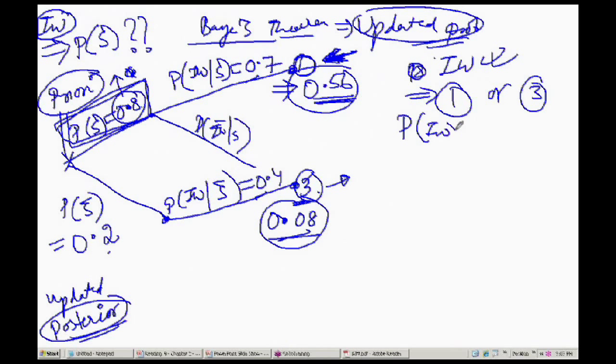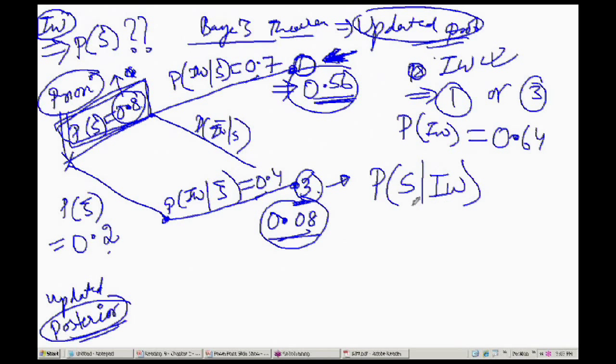The probability of India winning was 0.64. What we are interested in knowing now is the probability that Sachin has played given India has won.